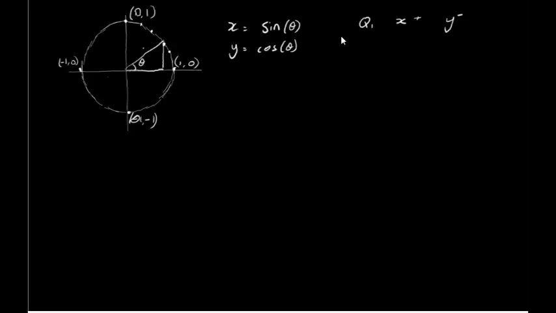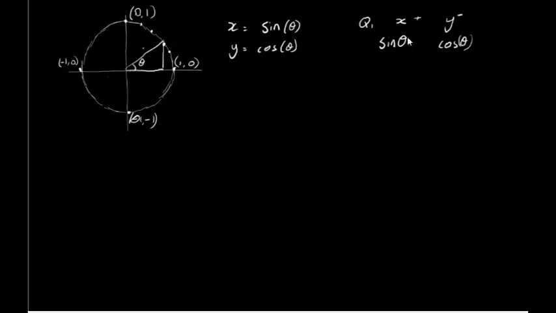If I have a positive x value, it means that I've got a positive cos value, and if I've got a positive y value, it means I've got a positive sine value there. So that's for the first quadrant.